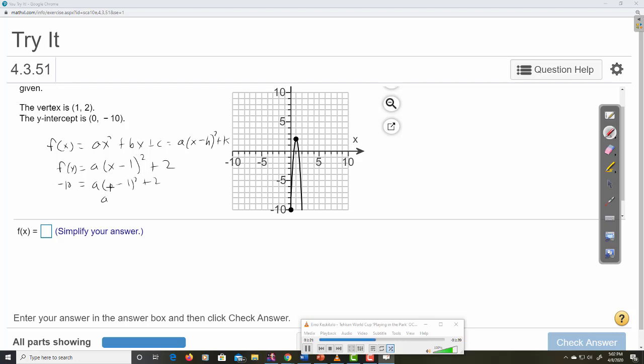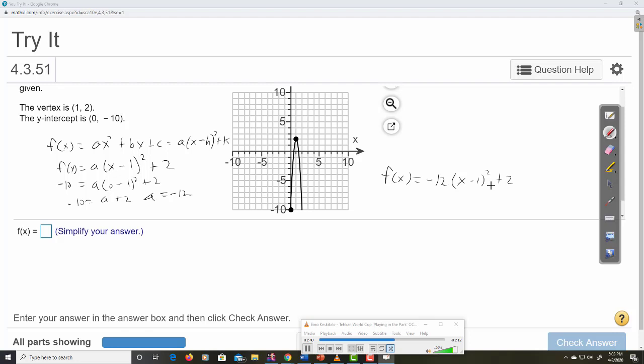Well, that means a, because -1 squared is 1, so 1 times a is a, plus 2 equals -10. And then you know what a is, because a has to be -12. So then our function is -12 times x minus 1 squared plus 2.